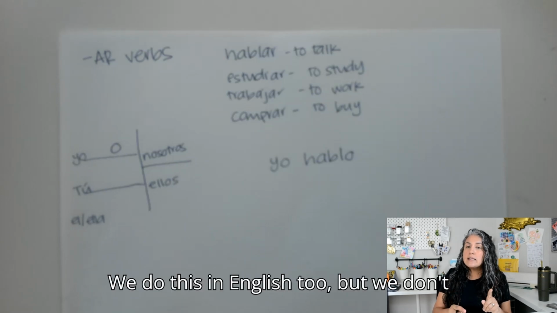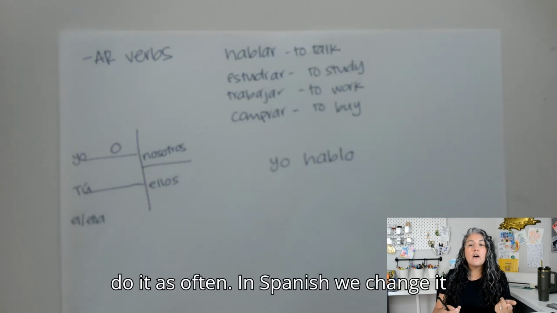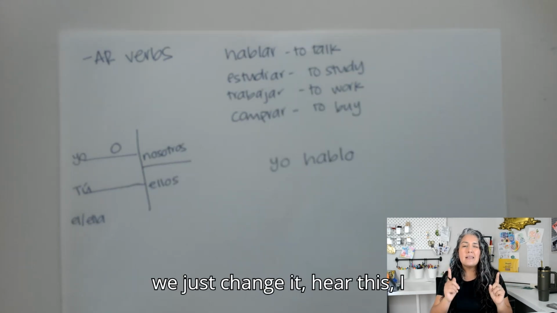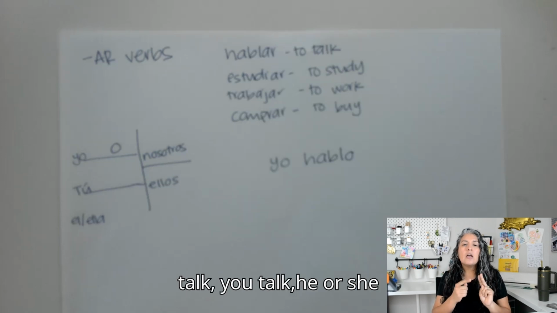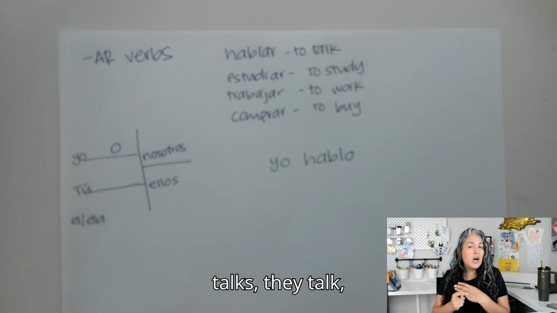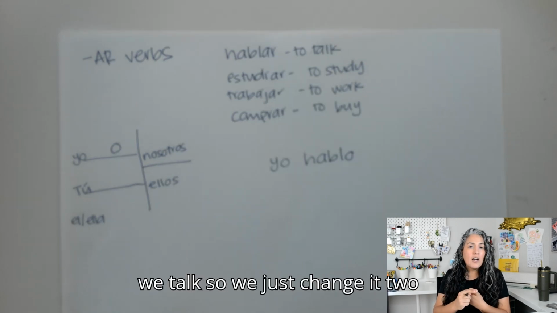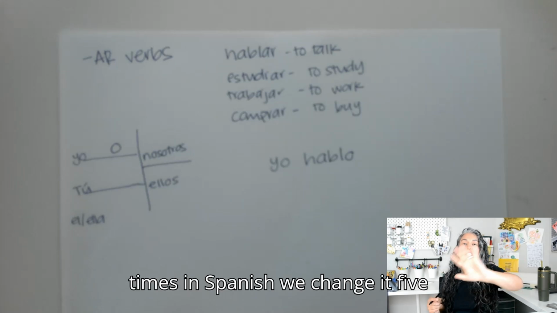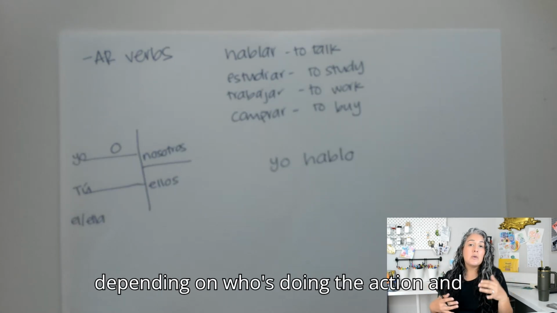We do this in English too, but we don't do it as often. In Spanish, we change it for the 5 pronouns. And in English, we just change it. Hear this. I talk, you talk, he or she talks, they talk, we talk. So we just change it 2 times. In Spanish, we change it 5, depending on who's doing the action.